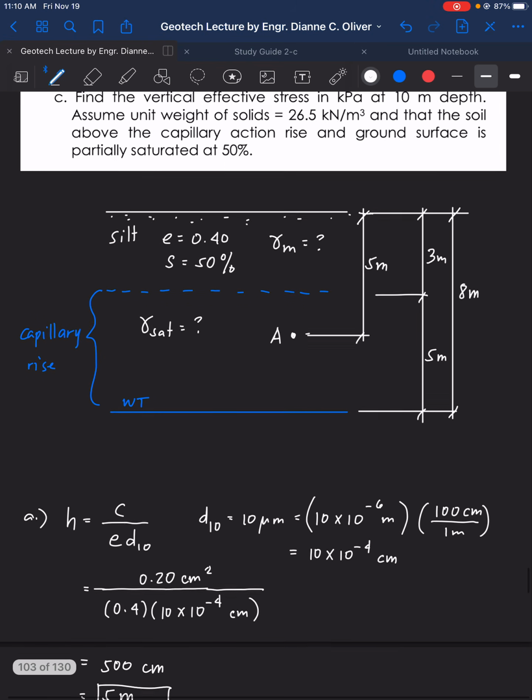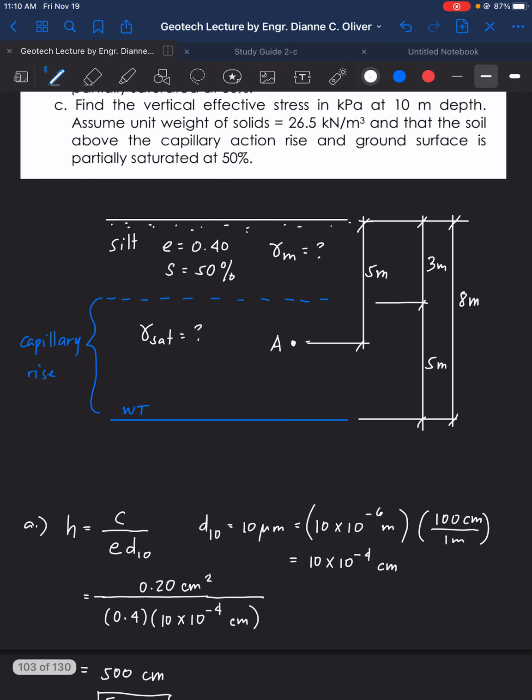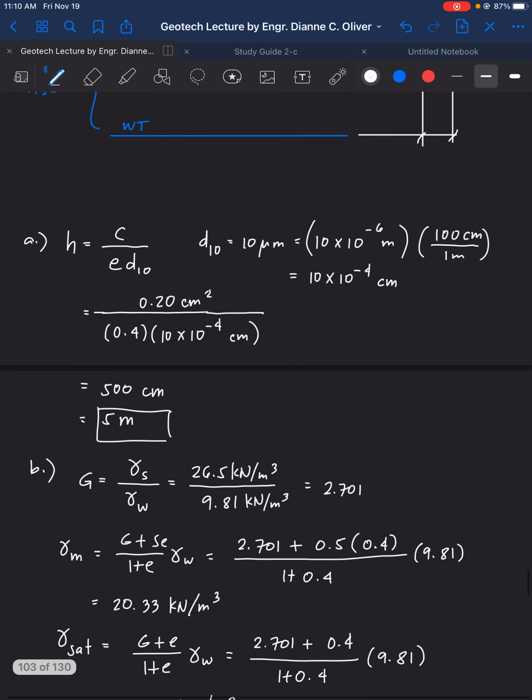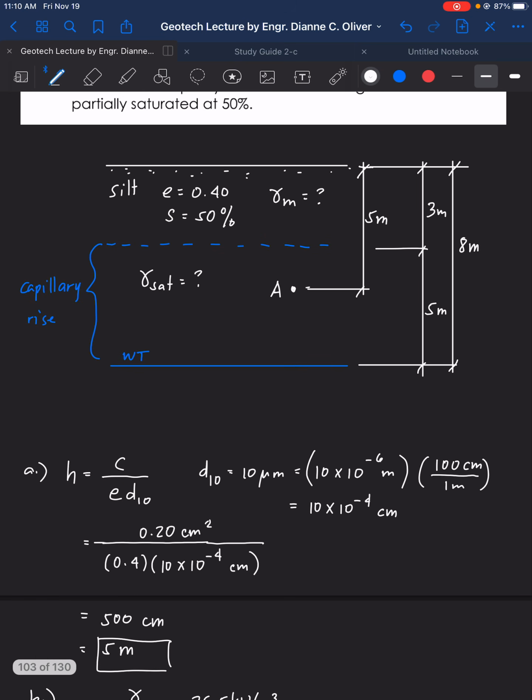So what's next is we compute for the P total. So the P total for point A. So P total now is equal to, okay, let's go back. Gamma M times 5 and then gamma sat times, no, it's not times 5.